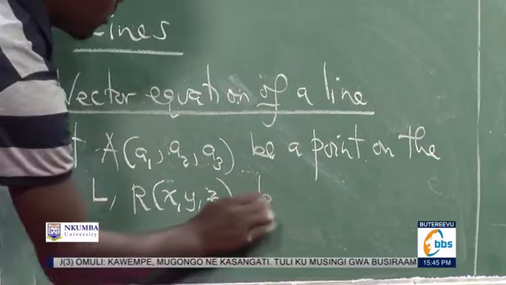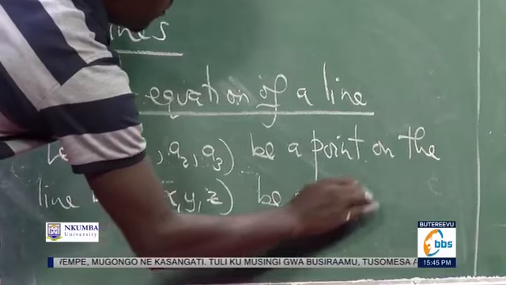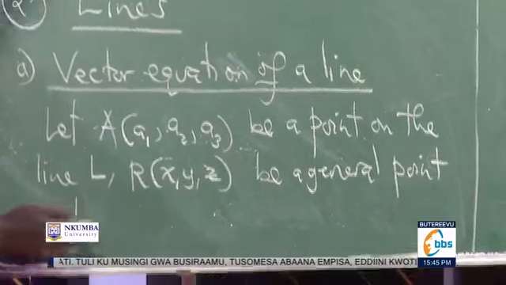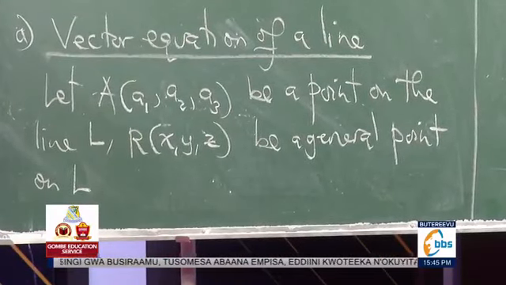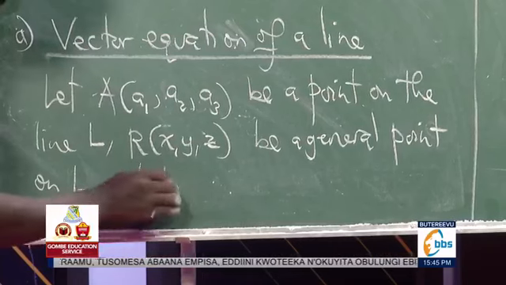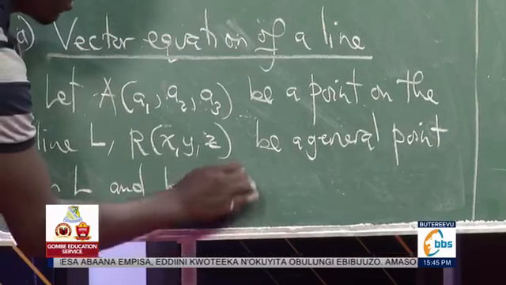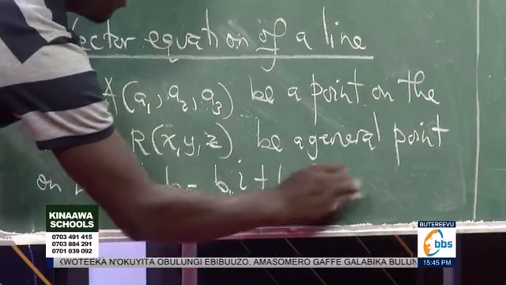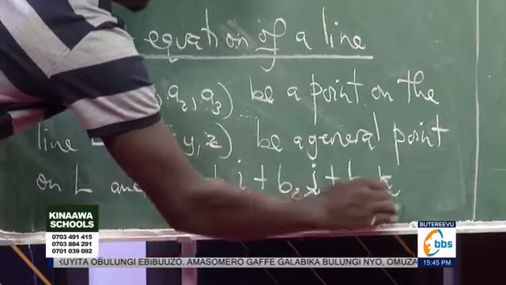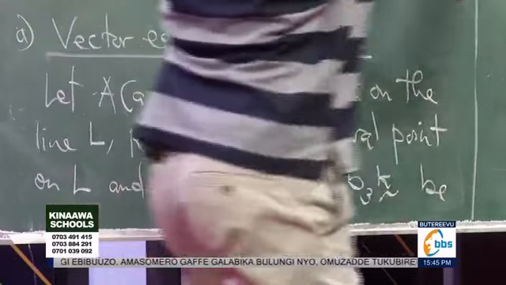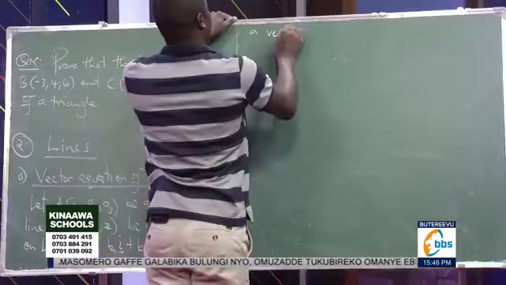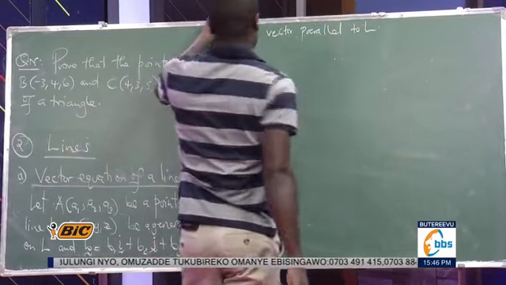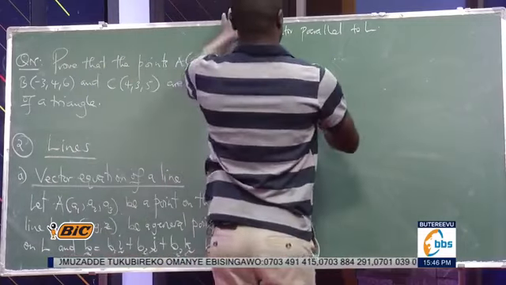X, Y, Z, be a general point on L. And then also we need a vector b1 i plus b2 j plus b3 k, be a vector parallel to L. So with these things, we can find a vector equation of a line.